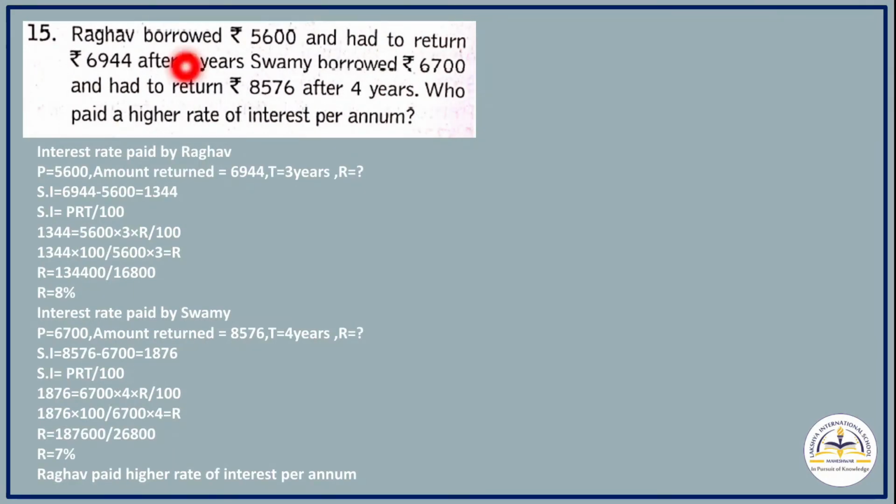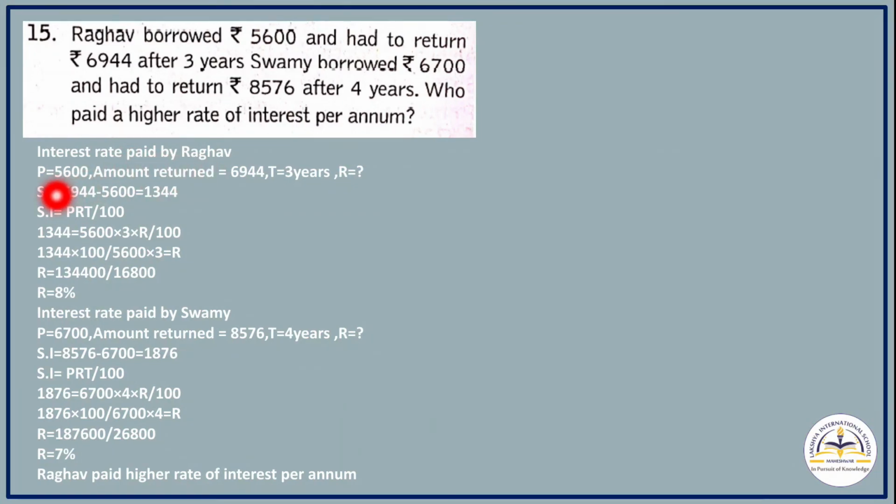Now question number 15. Raghav borrowed rupees 5,600 and had to return 6,944 after 3 years. Swami borrowed 6,700 and had to return 8,576 after 4 years. Who paid a higher rate of interest per annum? First we will calculate the interest rate paid by Raghav.